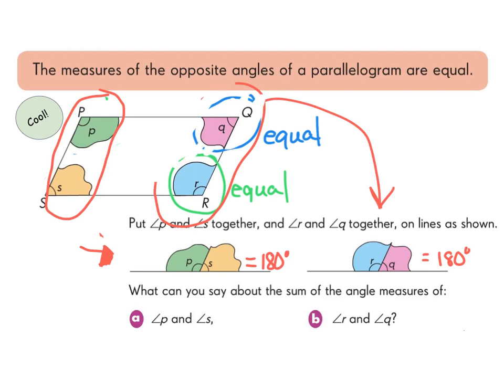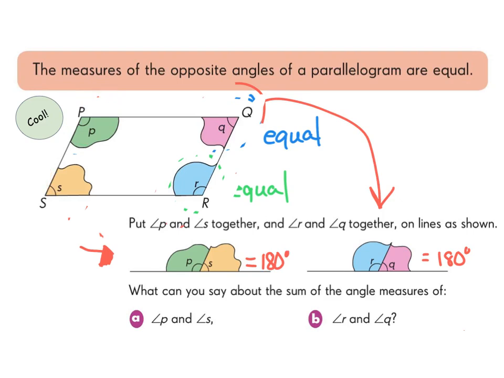So just hold on while I erase. Because wait till you see this. It's going to look a little bit familiar. But if we know just one of these, say we know that angle P is, I'm just going to pick something, 120 degrees, then we know enough about the properties of a parallelogram that we can figure out all the rest of these.